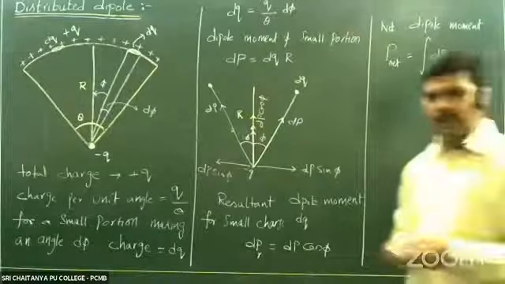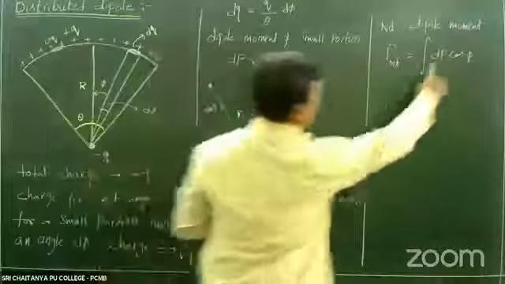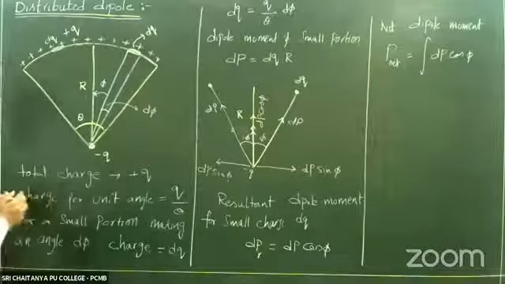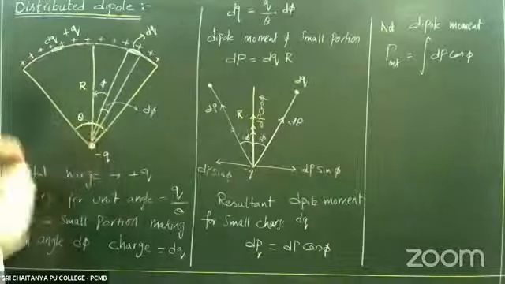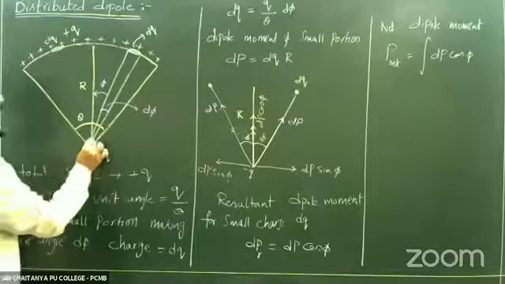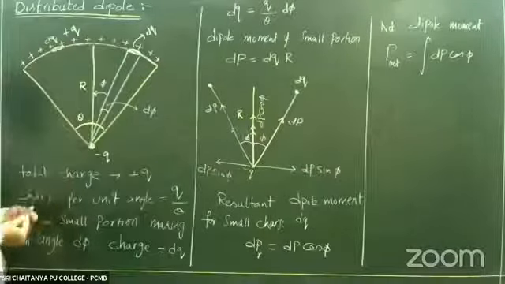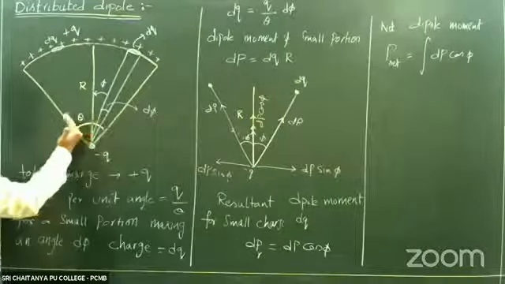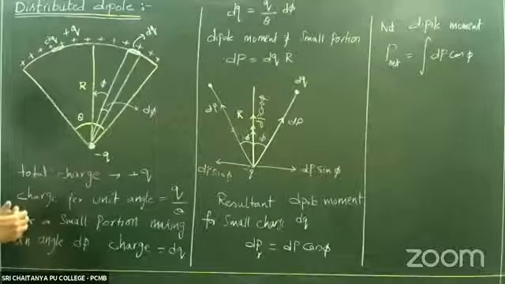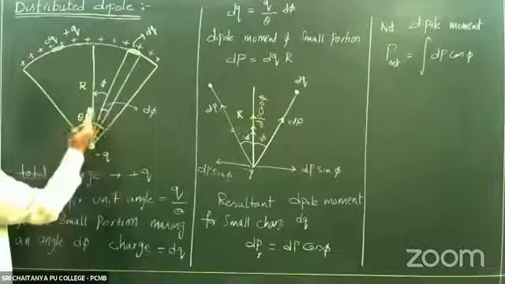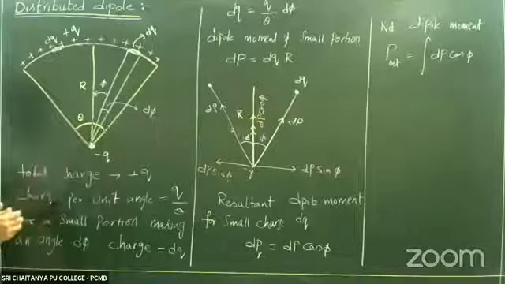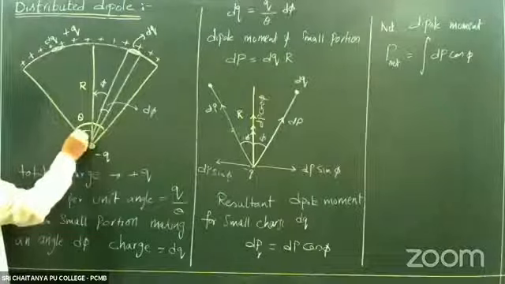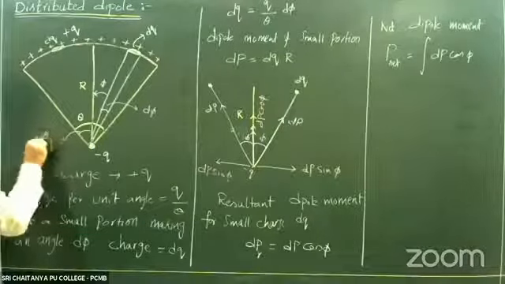Here one important point to remember, whenever we are taking integration, limits are required. What are the limits here? See here, this total angle is theta. We are taking this perpendicular bisector as the reference. On this side angle is theta by 2. On this side angle is theta by 2. If you take this side angle as positive, this side angle is negative, right? For this half minus theta by 2.